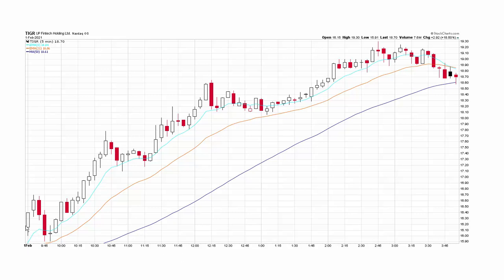So here's the 5-minute. Stock opens up strong here, pushes higher, comes down, tests the orange line, which is the 21, comes up here. Notice it gets support from the 8 here, support from the 8 here. We get a resistance line there, and then the stock continues on.